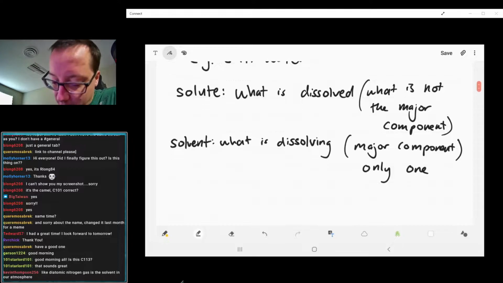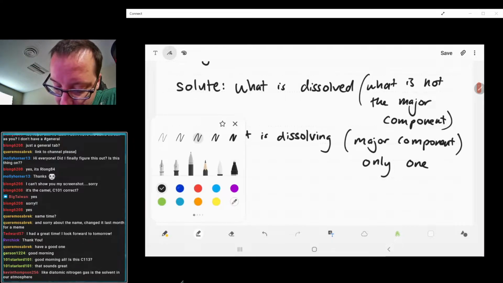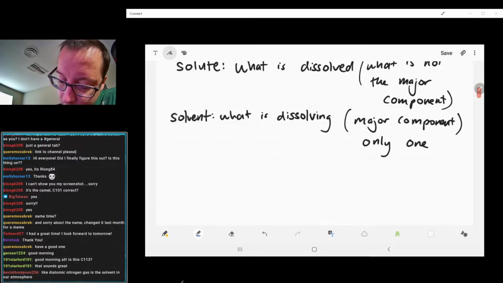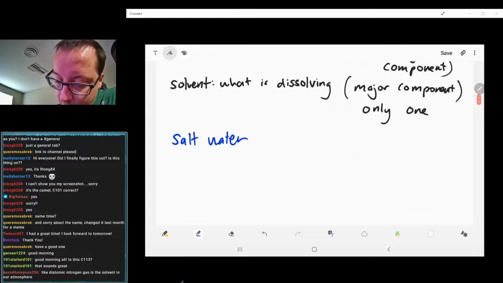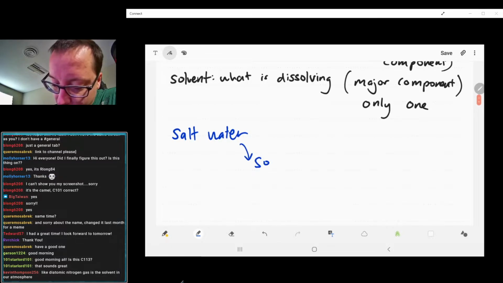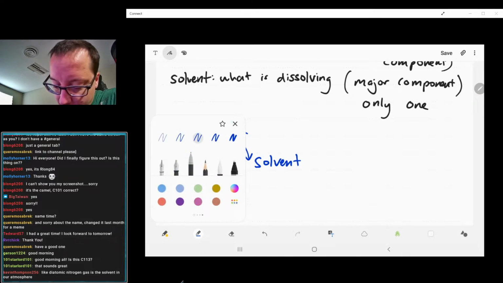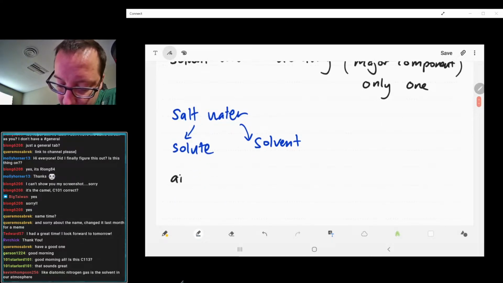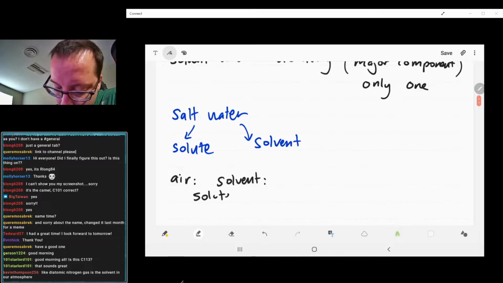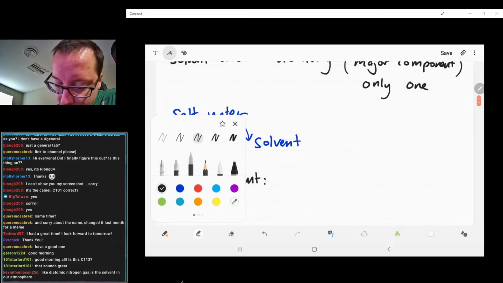So for example, with our salt water, we can go ahead and write that out. We have, that's going to be our solvent, and that is going to be our solute. For air, like Kevin has already said, nitrogen is going to be our solvent, right?